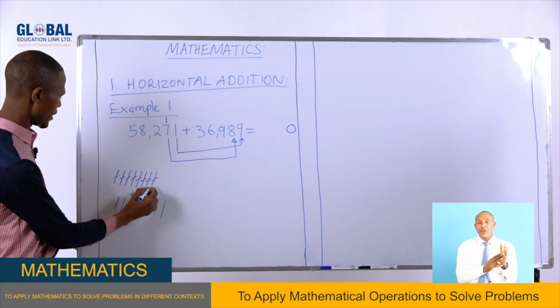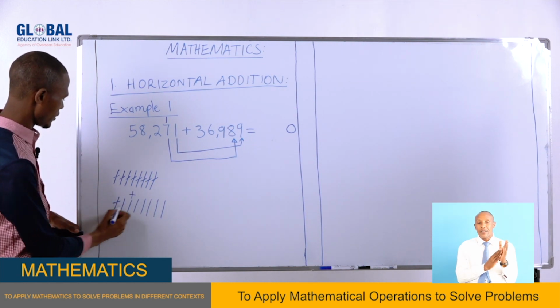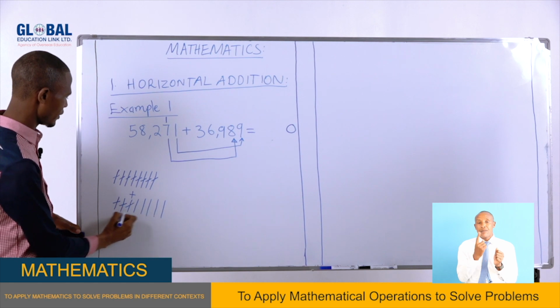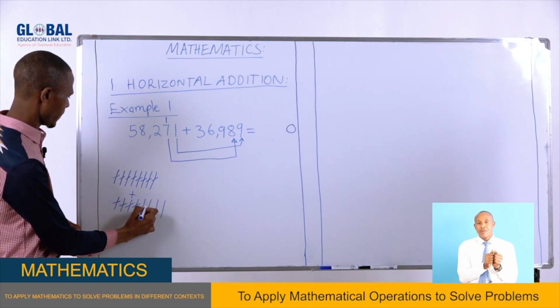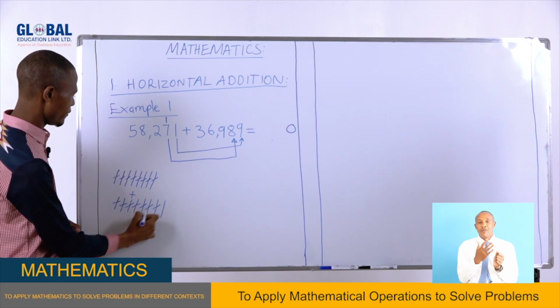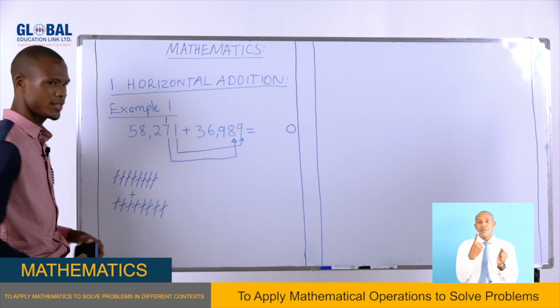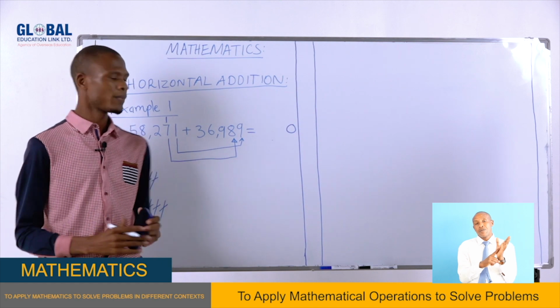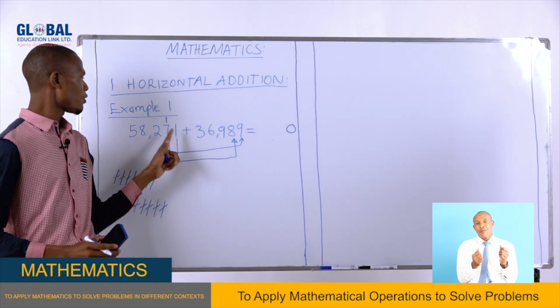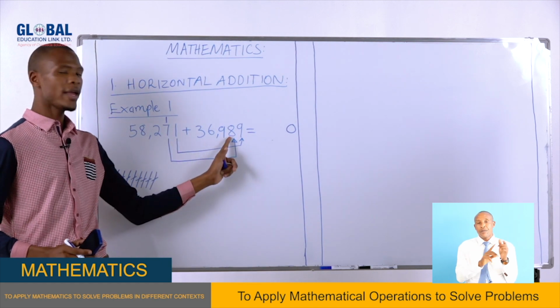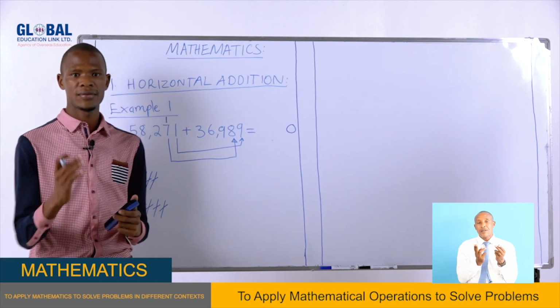We add this 8, 9, 10, 11, 12, 13, 14, 15, 16. So the sum of 8 and 8 gives 16.